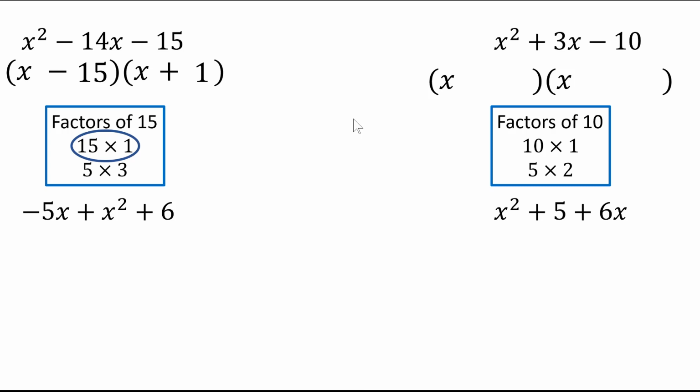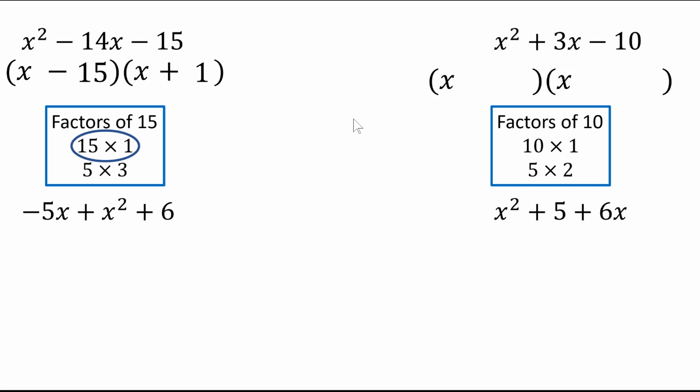So we need to figure out which pair we could manipulate in order to get 3, the x coefficient. They're supposed to add up to 3. 10 and 1 are never going to add up to 3, no matter what signs you put on them. You always get 11 or 9, positive or negative.